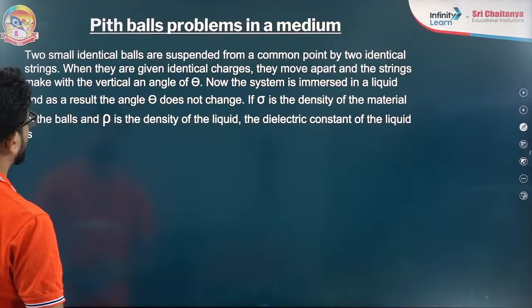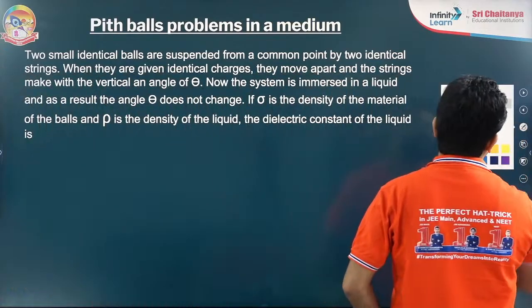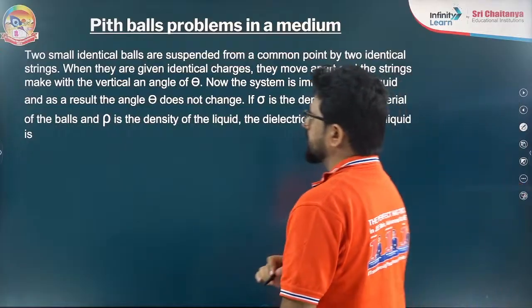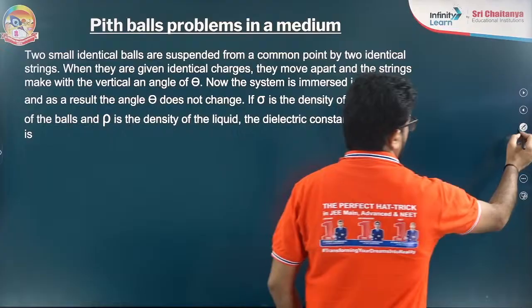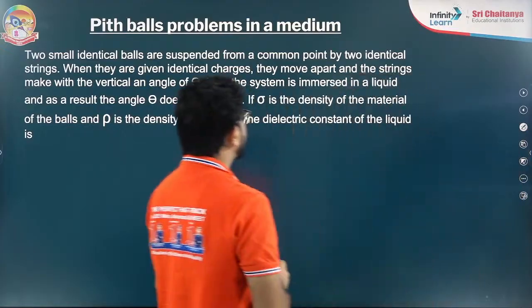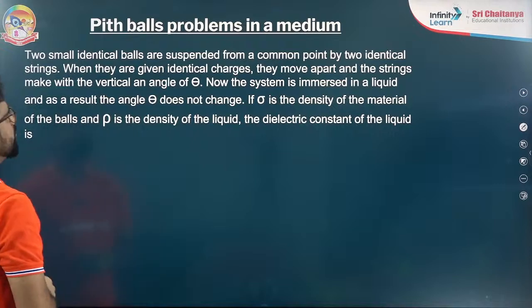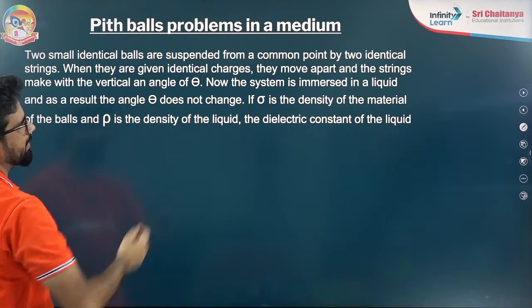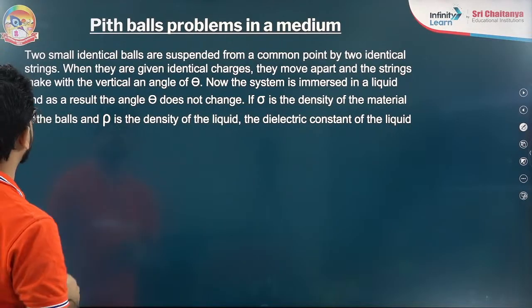Okay. Now we are going to solve another problem, another concept. Very important thing. Please understand. The question is about two pith balls in a medium. When the medium is there, we have to understand how to solve it.